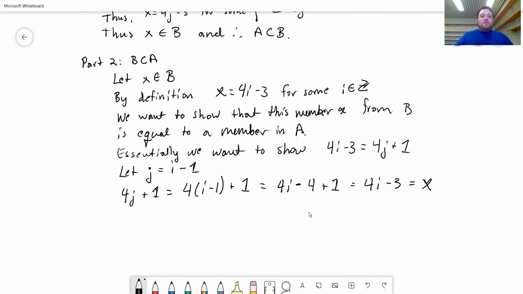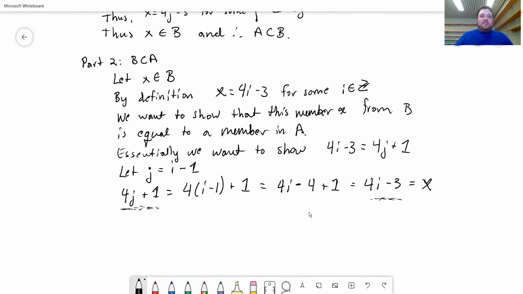So what we've just shown is that given some number from B, 4i minus 3, it is equal to x, and that number is also in A, as right here. So this number from B is also in A.